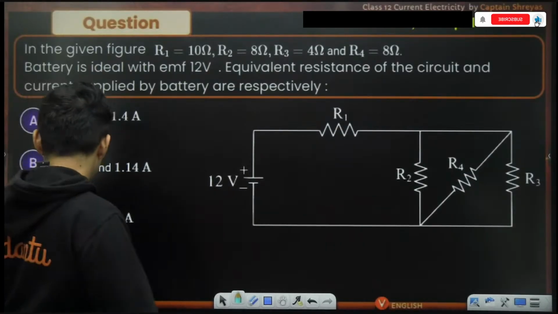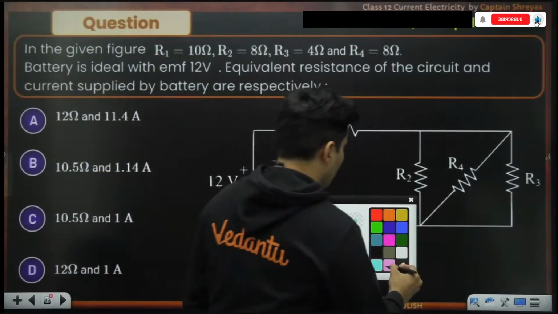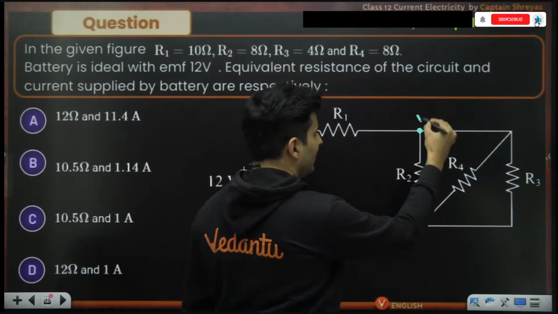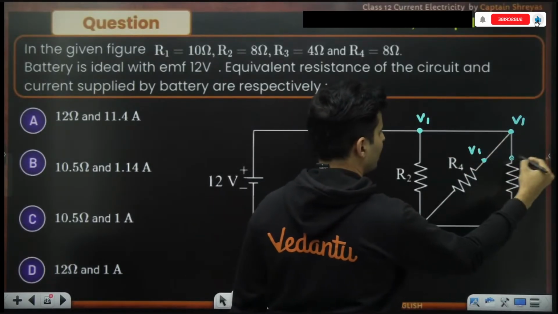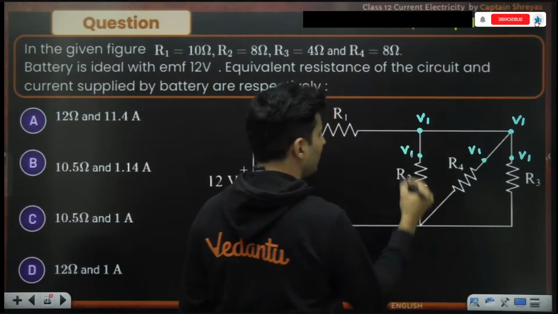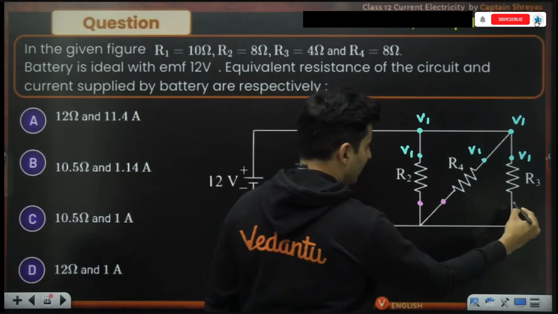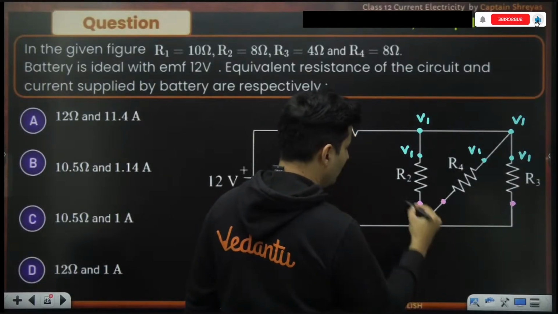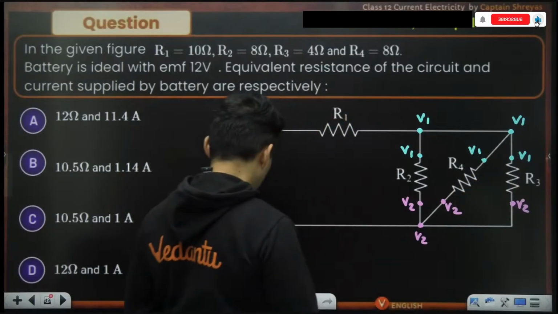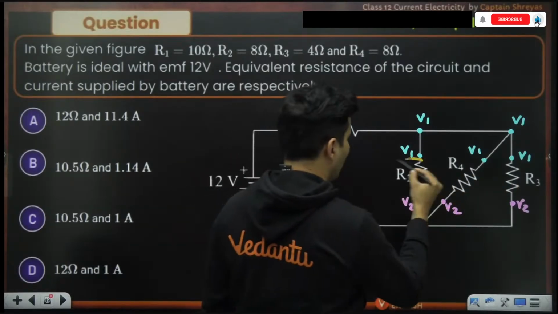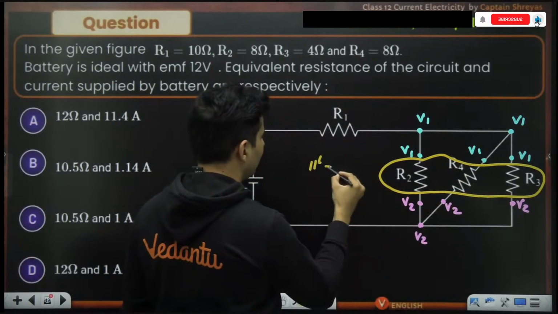Basically, as you can see in this diagram, if I tell this point is V1, this is also V1, this is also V1, and this point, this point, this point are V2, V2, V2, all of them are in parallel. Can you see that? All these three resistors technically are in parallel.